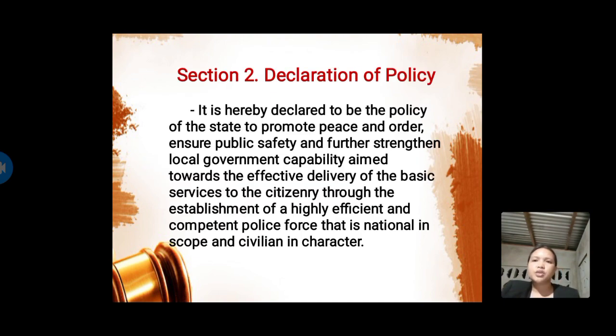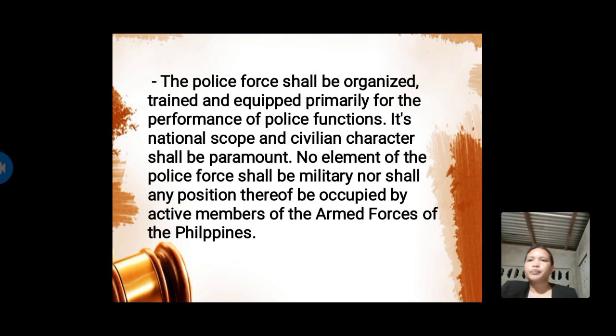Section 2, Declaration of Policy: it is hereby declared to be the policy of the state to promote peace and order, ensure public safety, and further strengthen local government capability aimed towards the effective delivery of the basic services to the citizenry through the establishment of a highly efficient and competent police force that is national in scope and civilian in character.